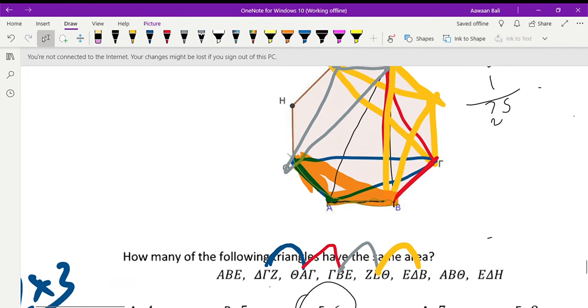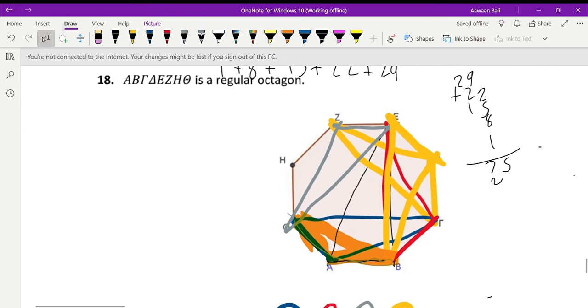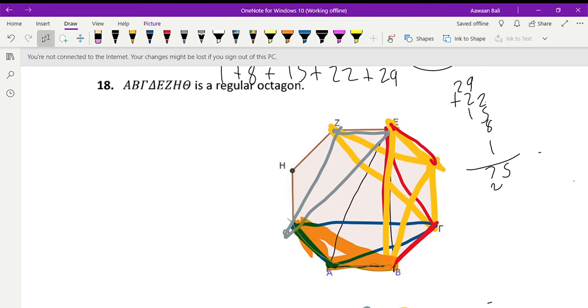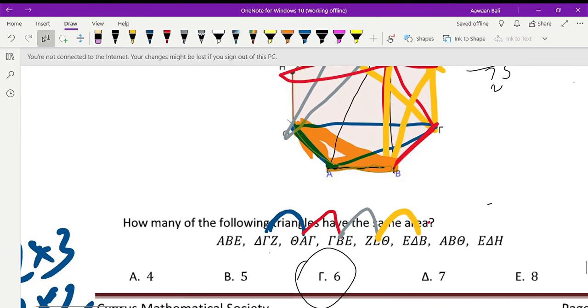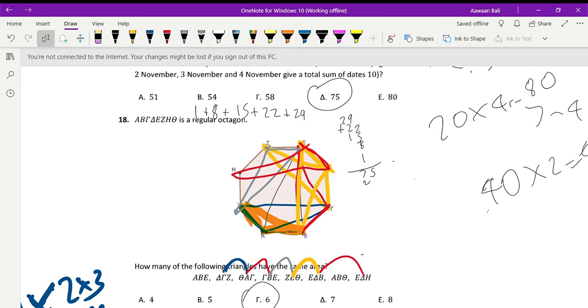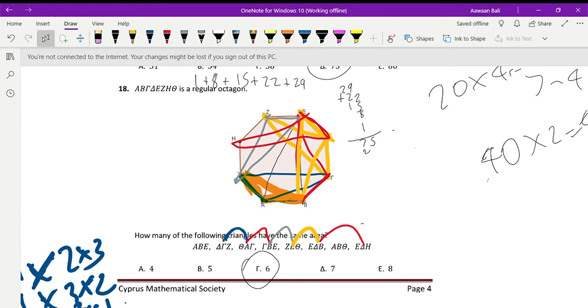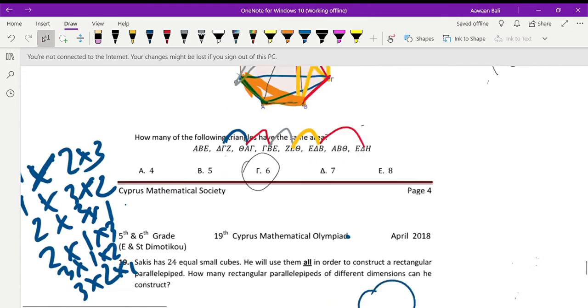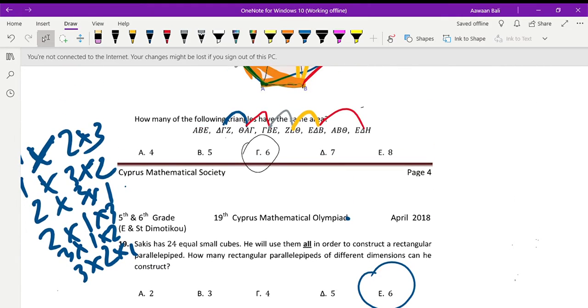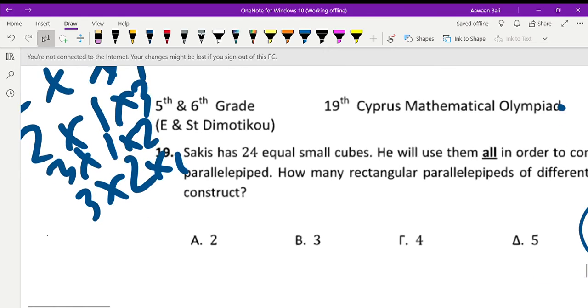Okay, so basically that triangle, it's this with this, and then you have this here. So basically that's the same. So 1, 2, 3, 4, 5, 6. So the answer is gamma, 6. There's 6 equal areas, but basically you should draw them one by one, and people who just look at them directly wouldn't exactly understand, but you understand if you draw them step by step. So yes, it's gamma.